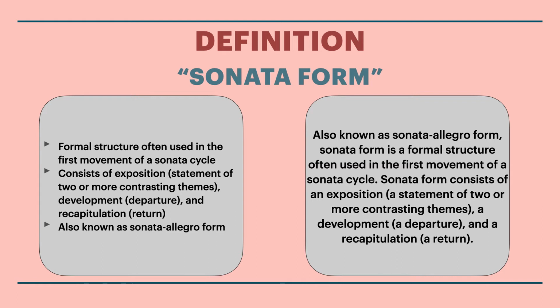It consists of an exposition, so we get a statement of two or more contrasting themes, a development, so a departure from those themes, and then a recapitulation, a return to those themes. Like we said earlier about sonata cycles, the sonata form isn't just used in sonatas, despite the name. We also see it in concertos and symphonies as well.